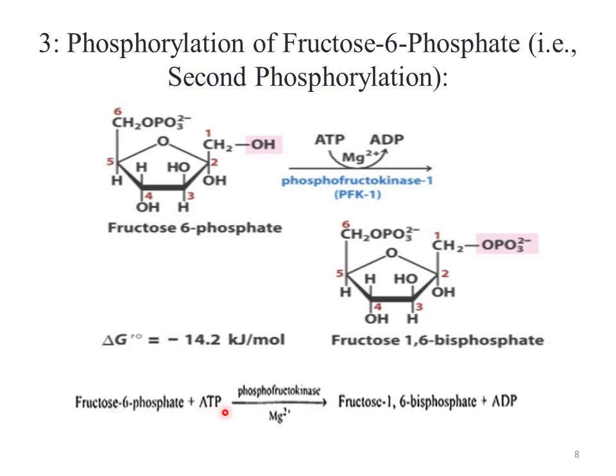As phosphorylation is an energy intensive process, one molecule of ATP is again utilized for this second phosphorylation of the molecule, and the end product of this phosphorylation is fructose 1,6 biphosphate. And as ATP is utilized for energy production, ATP is converted into ADP.